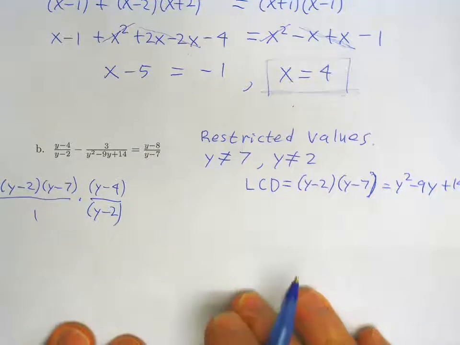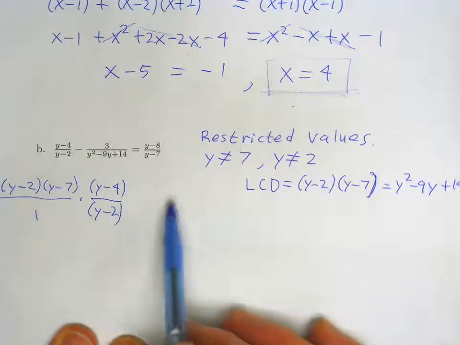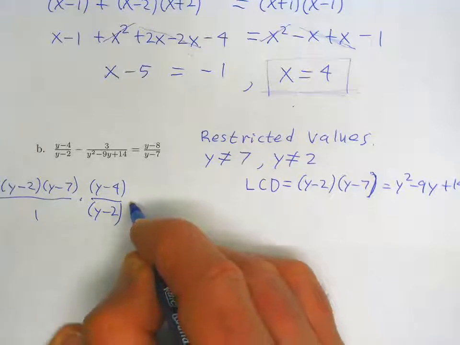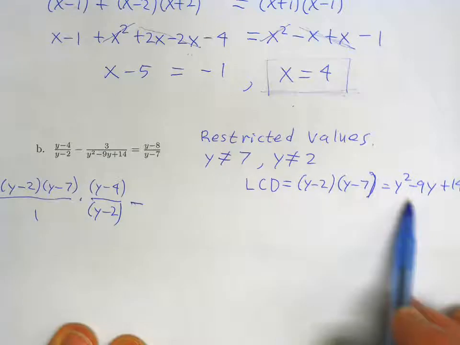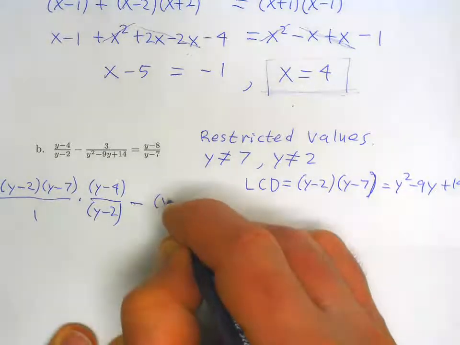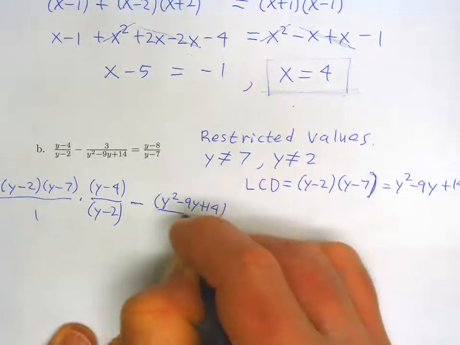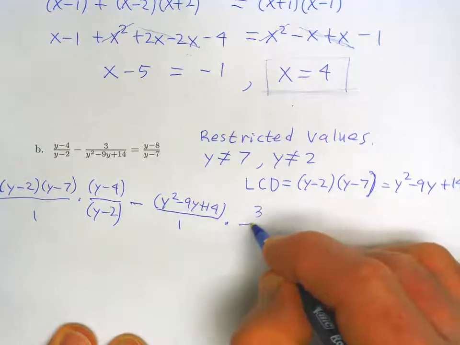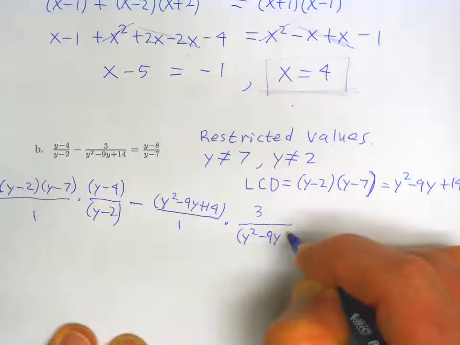Well, I started a little too high, so I'm going to have to dodge the least common denominator, but we'll manage, maybe. So minus, and then we multiply this term by the least common denominator in expanded form. So that's y squared minus 9y plus 14 over 1 times 3 over y squared minus 9y plus 14.